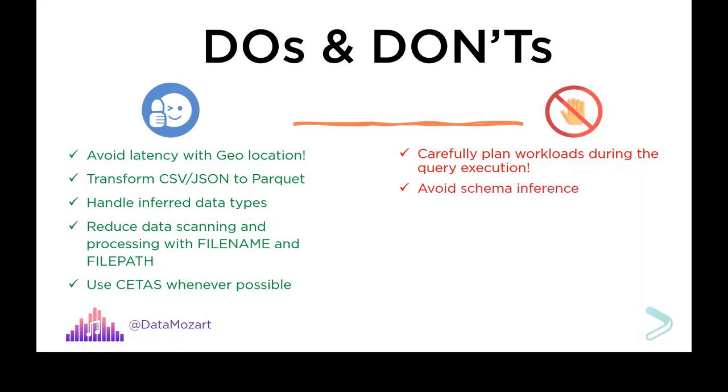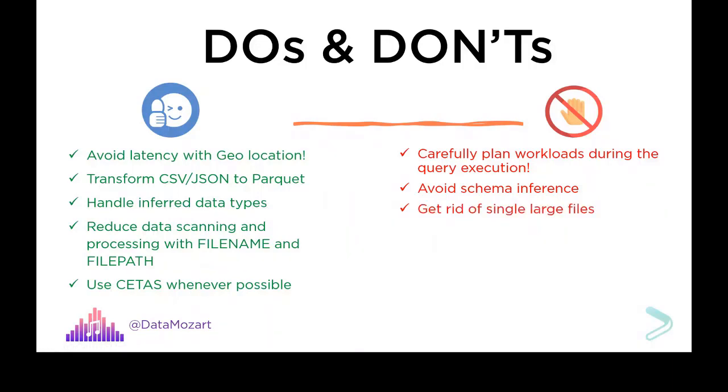Again, avoid schema inference. I know that it sounds appealing to quickly get up and running without wasting time and effort to handle inferred data types, but you should definitely spend some time resolving inferred data types to appropriate ones, as you will reap the benefits later. Get rid of single large files.